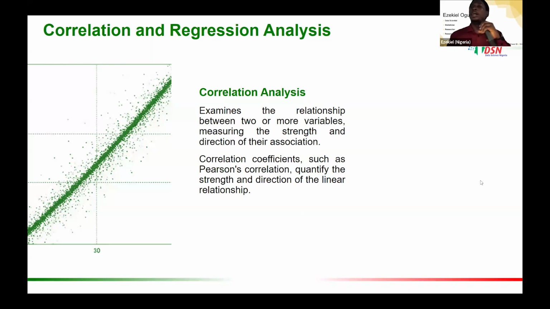We have Spearman correlation, and we have Pearson correlation. The difference between the two is that Pearson is used when the two variables are normally distributed, right? And we use Spearman when we have rank-ordered data.